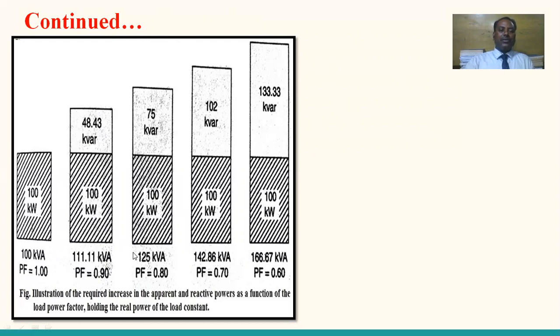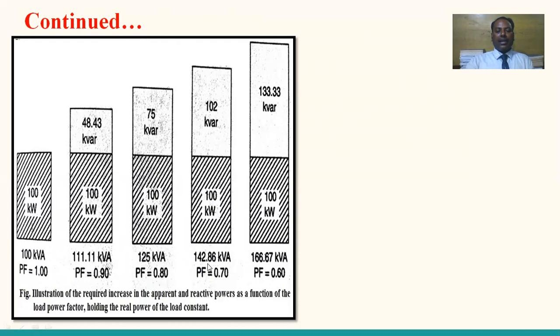Similarly, when the power factor is reduced from 0.9 to 0.8 by keeping the real power constant, the apparent power is 125 kVA and the reactive power is 75 kVAR. When the power factor is reduced from 0.8 to 0.7, the apparent power is 142.86 kVA and the reactive power is 102 kVAR.